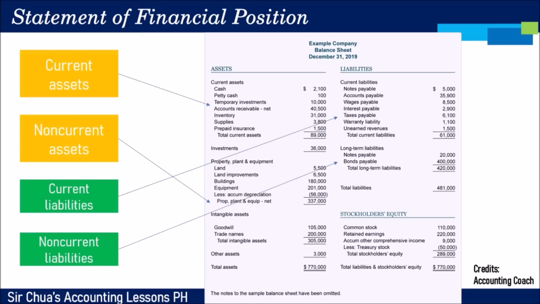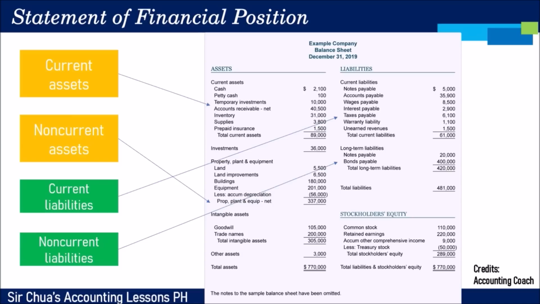And then, syempre, yung natira, equity. Ngayon, wag kayong malito. Yung ginamit ko lang na itsura ng example dito is stockholders equity. Pang corporation po yan. But for our purposes, ang gagamitin lang muna natin ngayon is pang sole proprietorship. So, owner's equity lang muna yung gagamitin natin for this lesson. Tsaka for senior high school, as I know, yun lang din yata muna ang utos ng DepEd sa curriculum guide. Anyway, so, ang mahalaga, matuto kayong gumawa ng balance sheet.